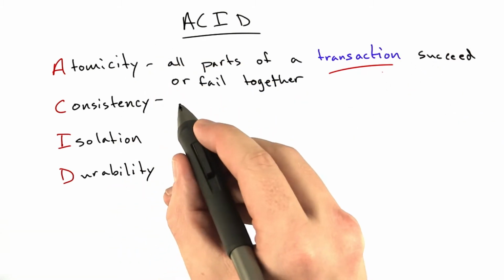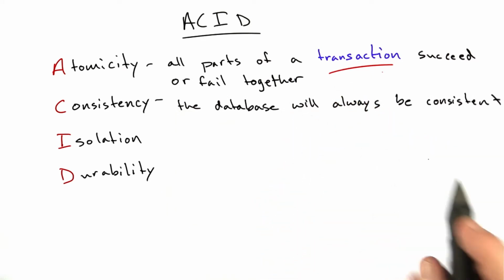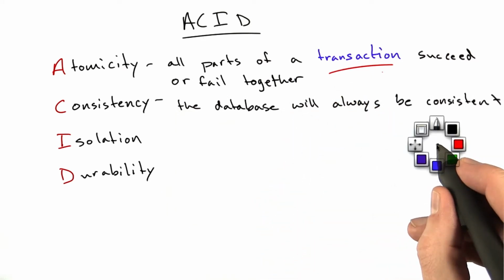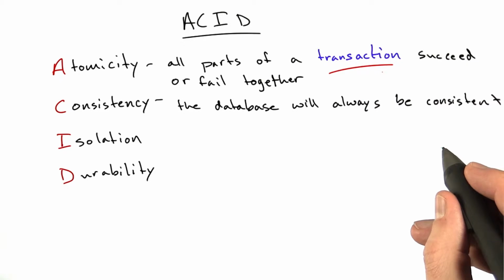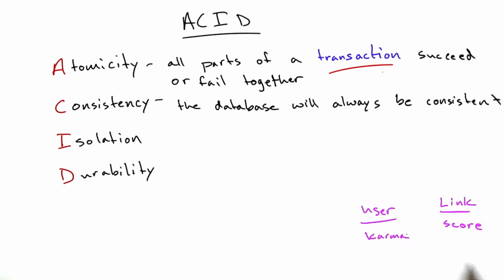Consistency refers to the notion that the database will always be consistent. And to work from our Reddit example, let's talk about this idea where we have a link and a user who have properties.